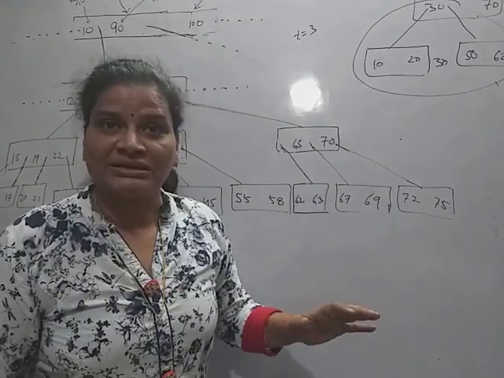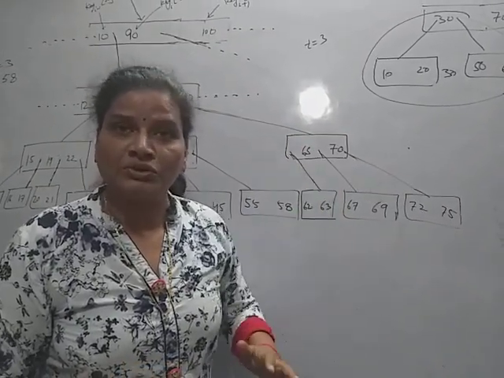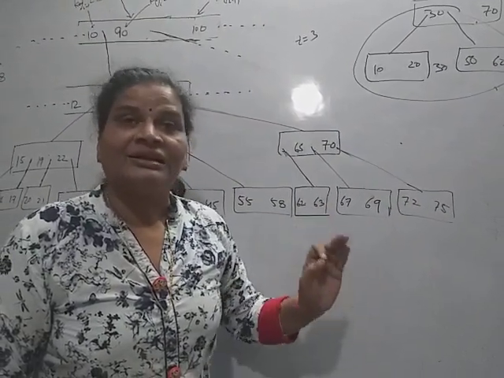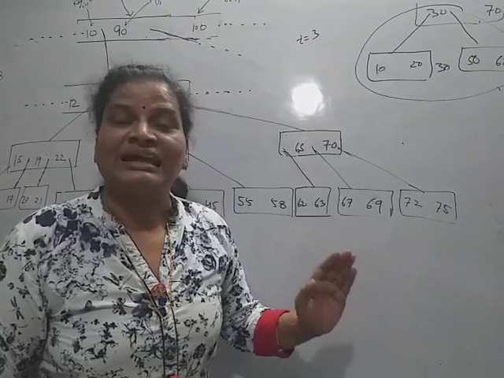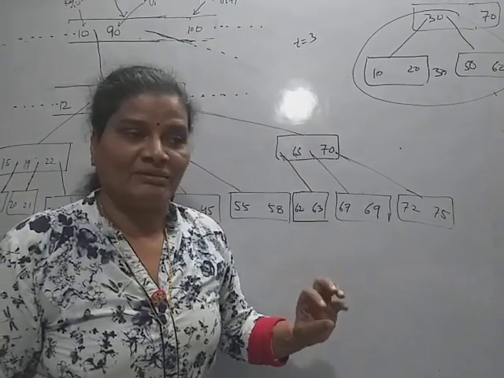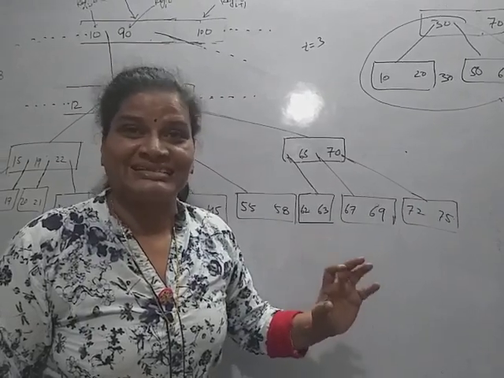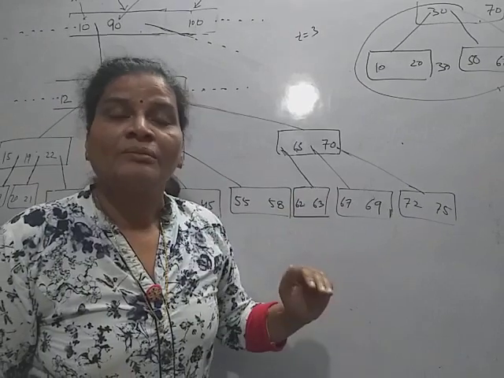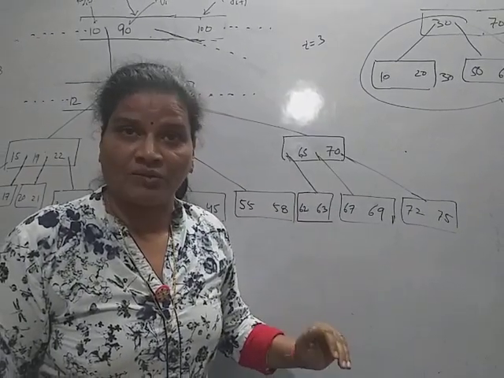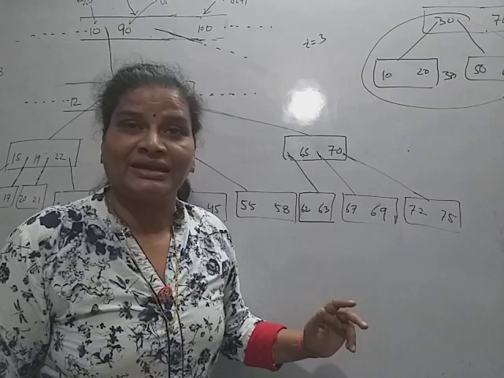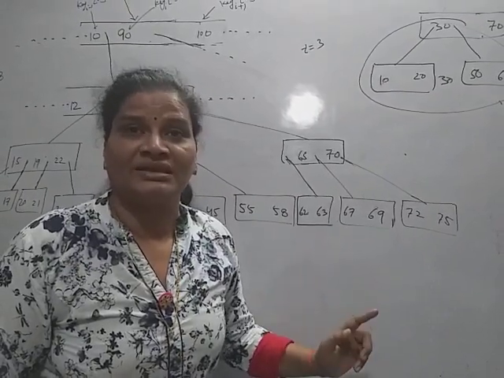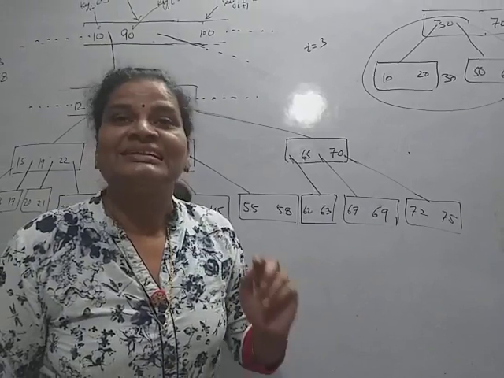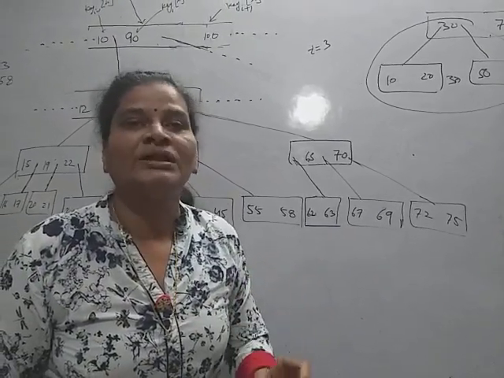At any particular time in the path from root to leaf, if any node contains t minus 1 keys, then first we increase the number of keys in that node by 1. So make sure before moving down, every node contains t number of keys, that is 1 more than the minimum number of keys. This is the condition required for deletion.